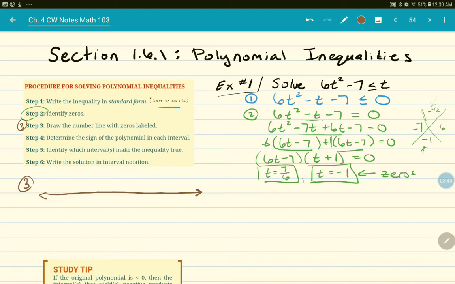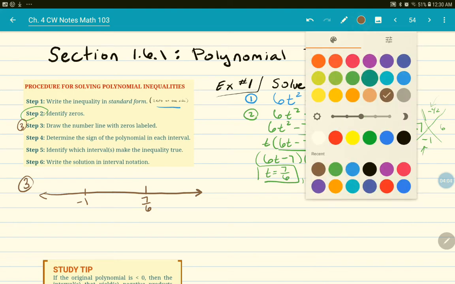So I'm going to put my zeros in order on my number line. Negative 1 comes first, and then 7/6, that's 1 and 1/6. Then I have 3 intervals: one left of negative 1, one between negative 1 and 7/6, and one to the right of 7/6. So that is step 3.